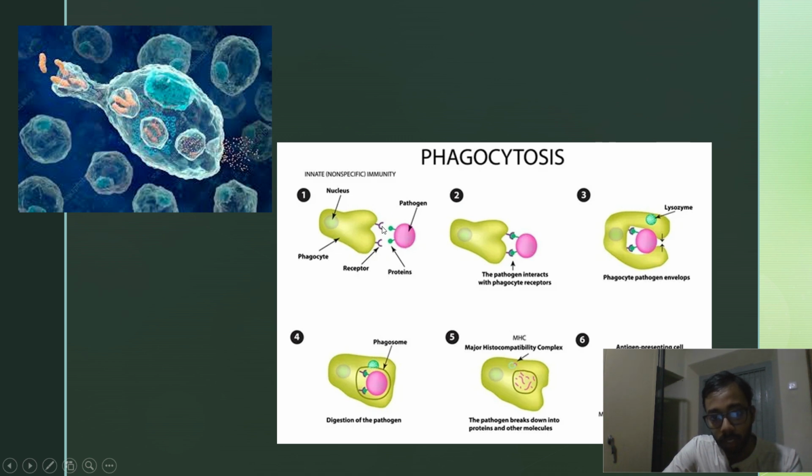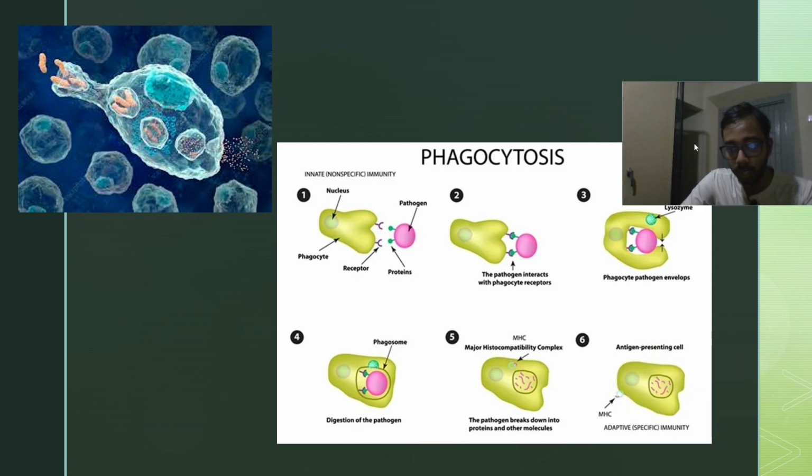These receptors can identify some specific molecules in the pathogen, which can trigger the phagocytic action. These are amoeba-like cells, so the cytoplasm of the cell can move and engulf these pathogens. This is how it is doing that.